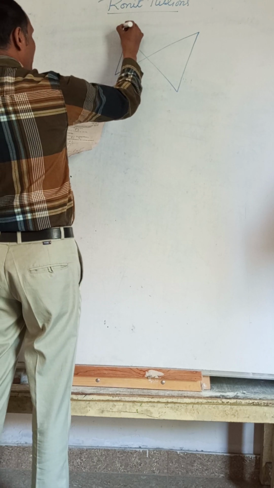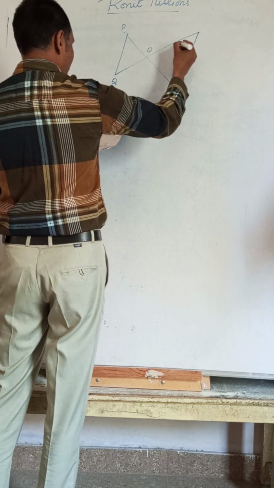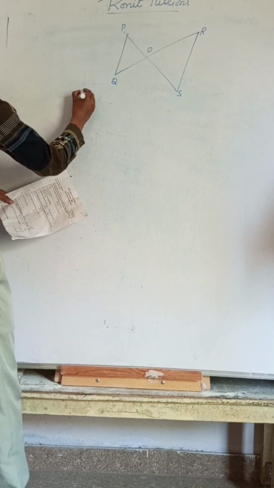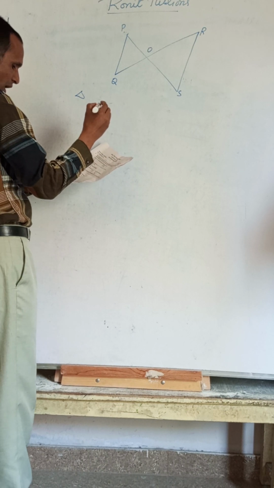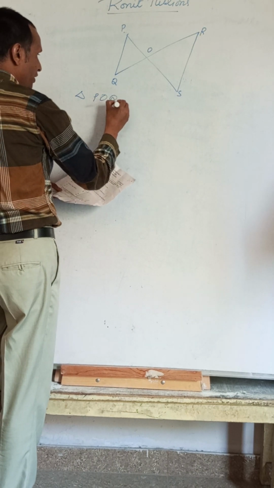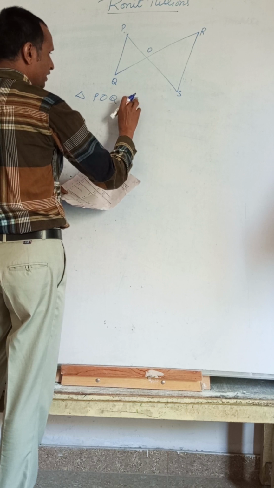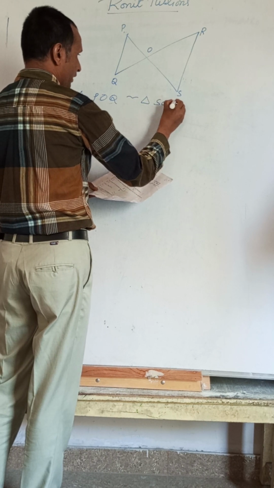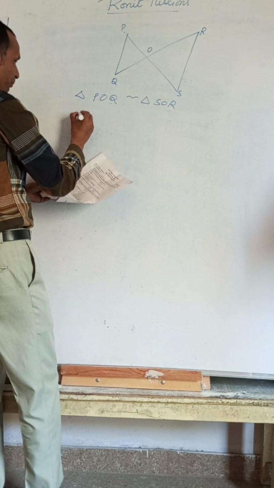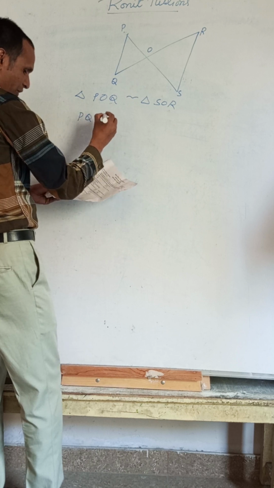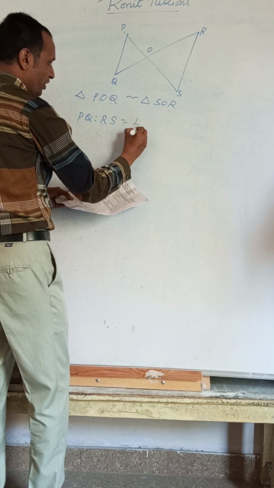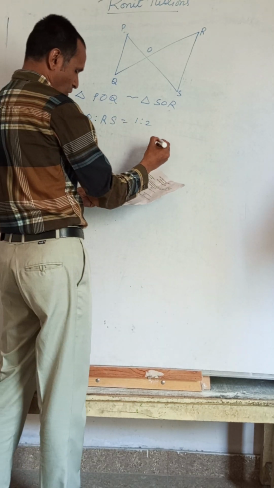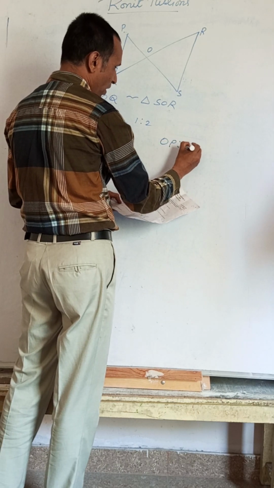Here it is written P, here Q, here O, here R and here S. It is given that triangle POQ is similar to triangle SOR, and it is given that PQ is to RS is equal to 1 by 2, or 1 is to 2. Then find the value of OP is to OS. We are going to find that out.